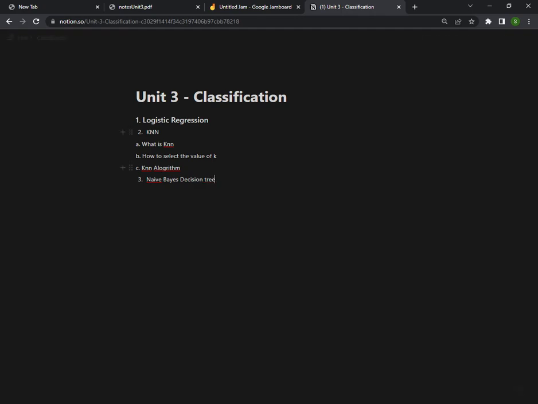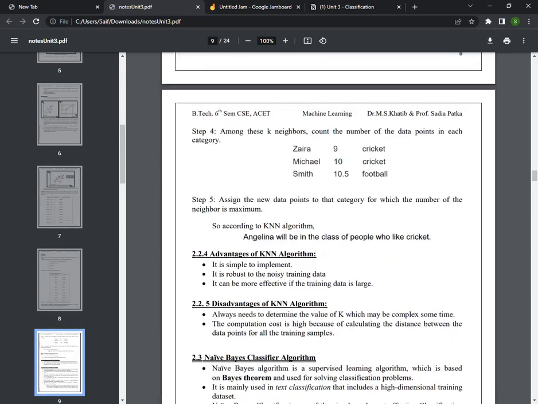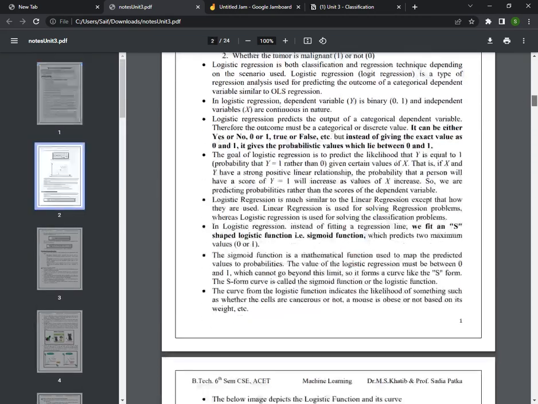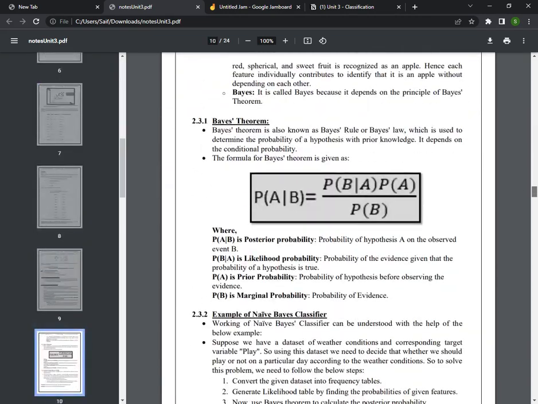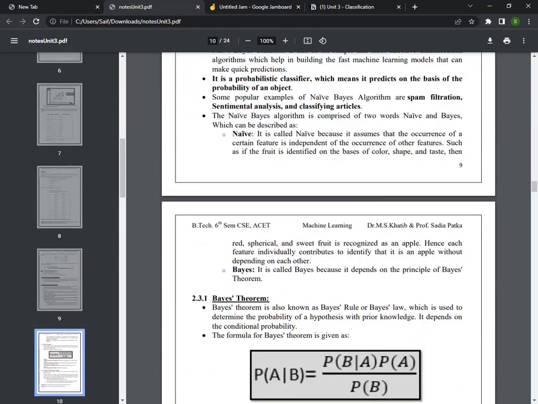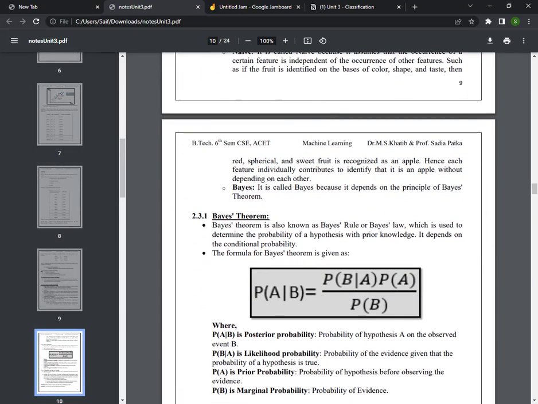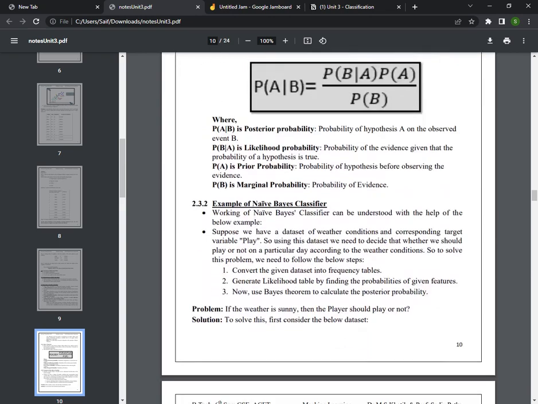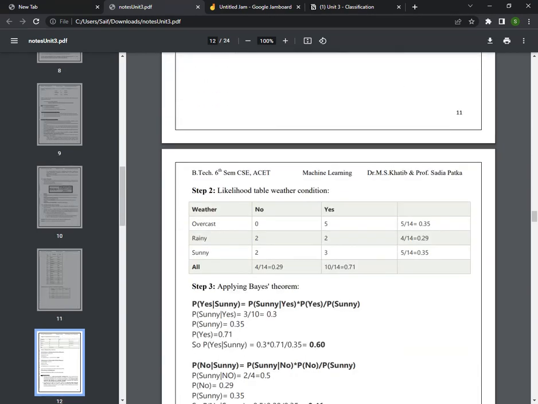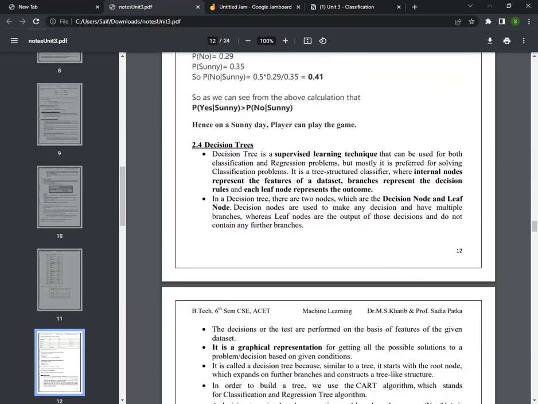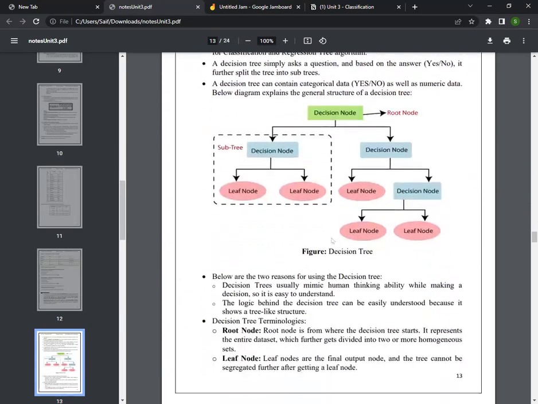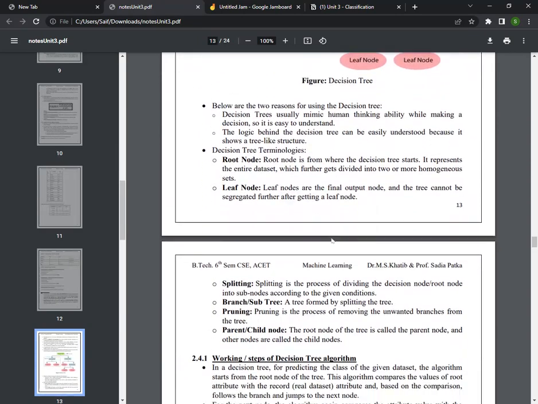This is the topic according to the syllabus, but we are going to see what is the meaning of naive, and then we are going to see Bayes theorem, and then what is a decision tree, and in that way we are going to understand what is naive Bayes decision tree.